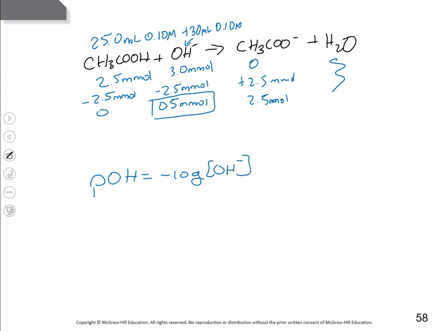Is that a concentration, 0.5 millimoles? No, but can we use it to find concentration? Yes, molarity is millimoles over milliliters. So we have 0.5 millimoles divided by how many milliliters? Good, 55 milliliters. Because we had 25 plus 30, assuming volumes are additive, we're up to 55 milliliters.